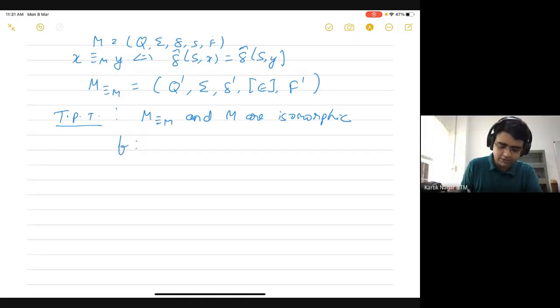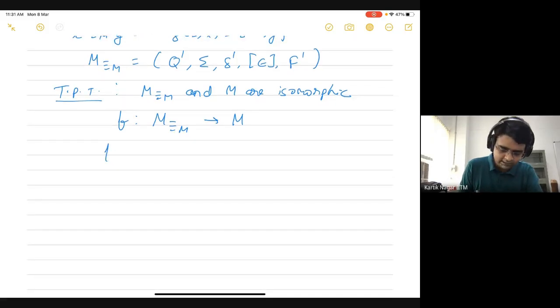We'll define this function F from the state space of this constructed DFA to the state space of the original DFA. So let's consider a particular state in this constructed DFA, which we know is going to be an equivalence class of this MN relation.